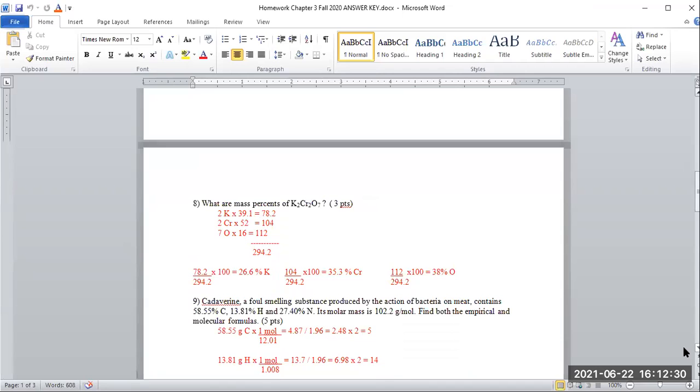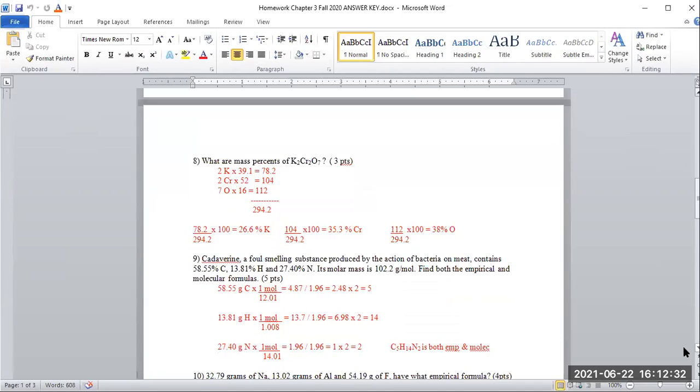Moving onward to mass percents. Note, one of the reasons that I teach doing the molar mass by a particular method is it streamlines things when you are doing percent by mass and some of the other related calculations. I've got potassium dichromate here.